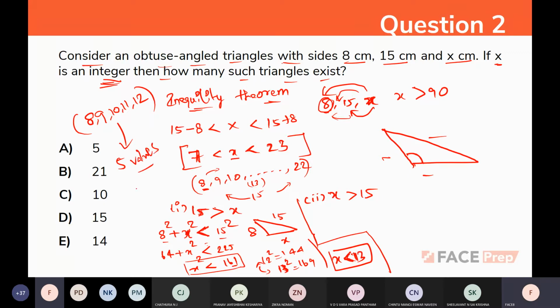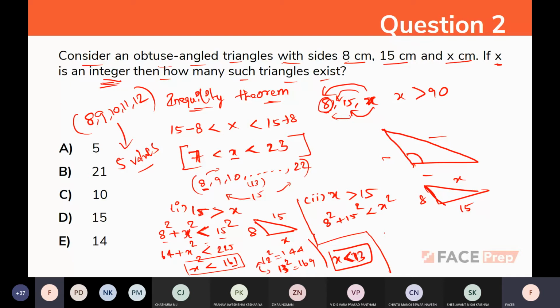Okay, similarly, assume 8 is less than x. If we apply the Pythagoras theorem here, 8 squared plus 15 squared is less than x squared.